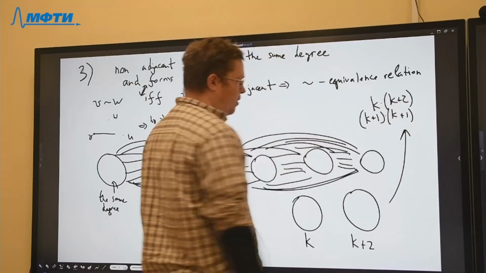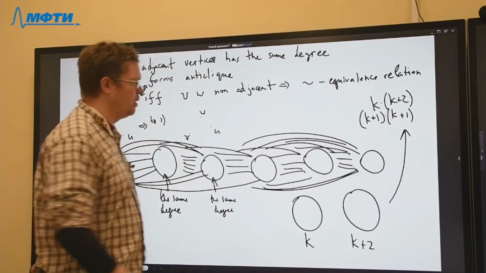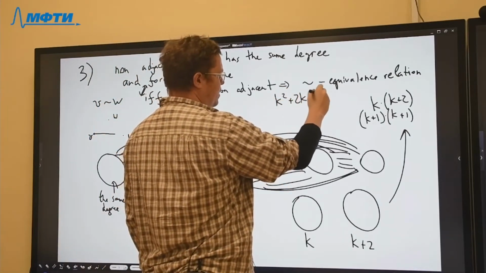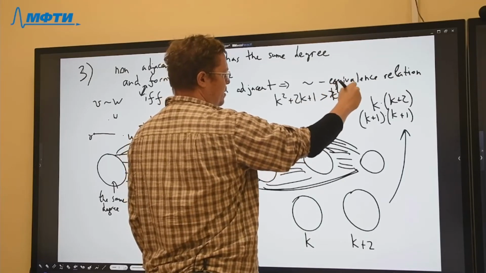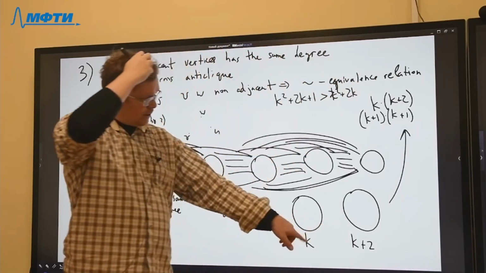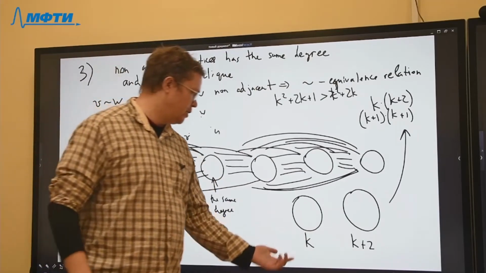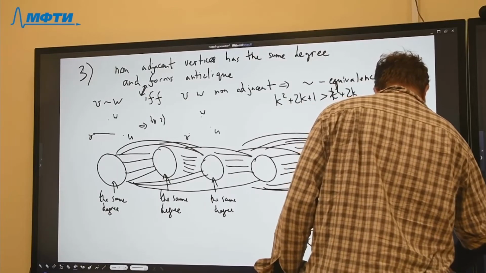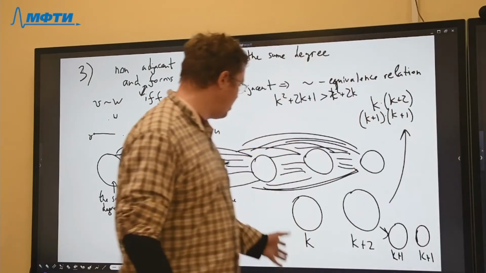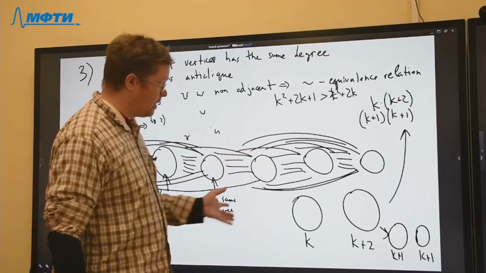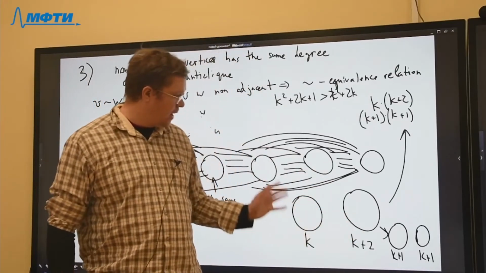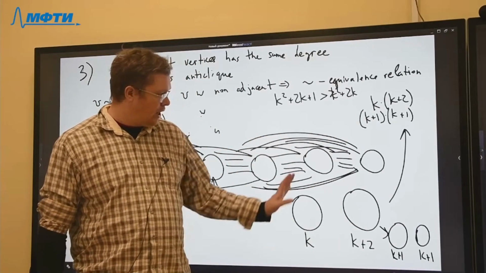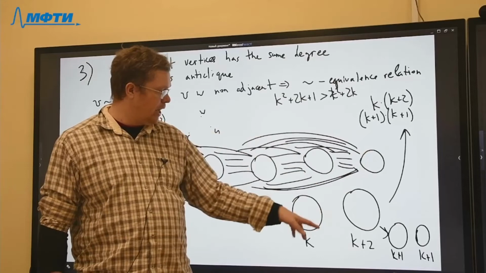Now we have a bigger number of edges, because k squared plus 2k plus 1 is more than k squared plus 2k. So if we have two parts that differ by 2, we can change them into two parts that are the same and have more edges. We don't consider the other part of the graph because all of these vertices are connected with every vertex in the other part, so we don't change those edges. We change only the edges between these two parts.